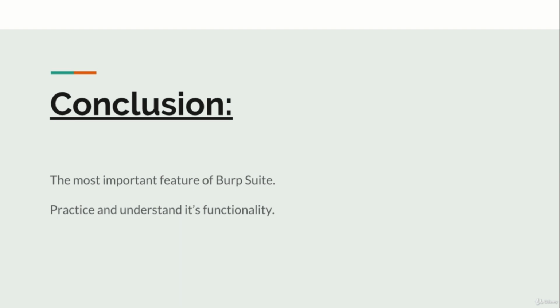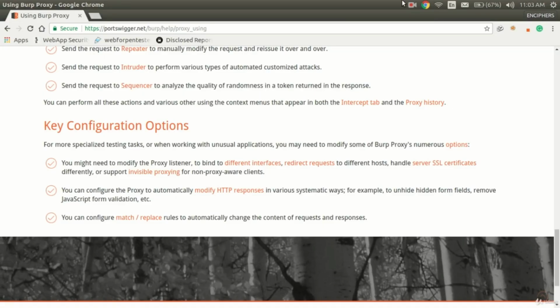These are some vulnerable web applications, and you should understand their functionality. Since now we have used Target, Spider and Proxy, it's time that you start practicing and see how these three work.